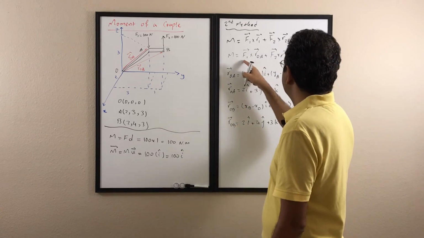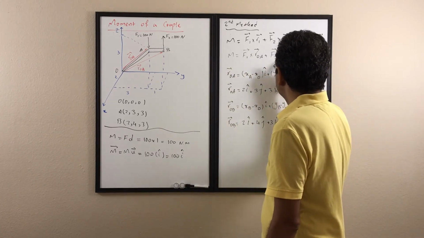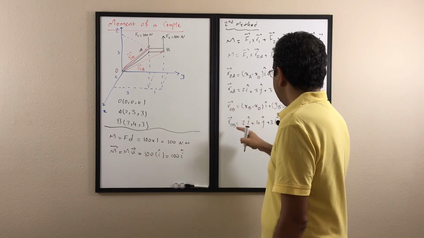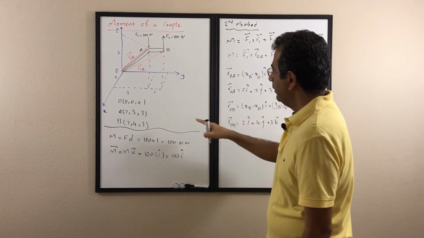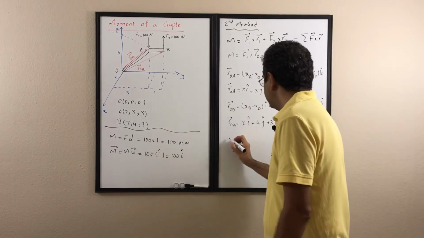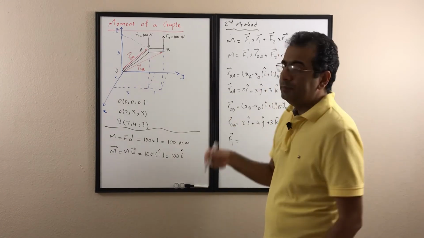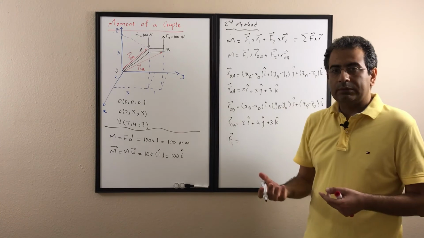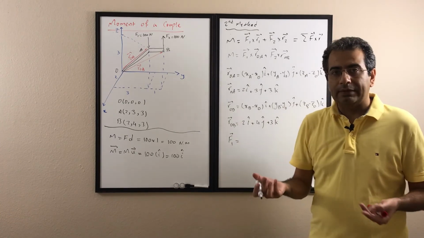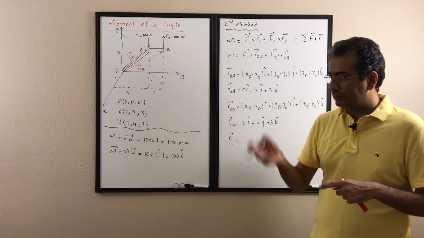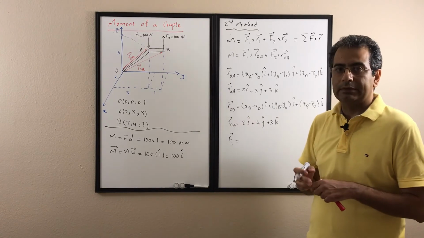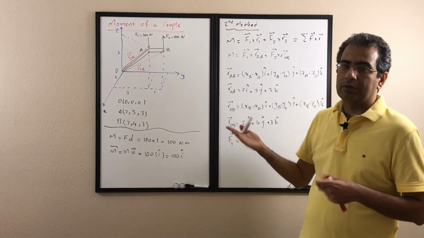If I substitute them into these two, then I need F1 and F2. Again, look at F1. Remember, anytime we have a force parallel to one of the axes, we use the unit vector for that axis, and the direction shows whether it is positive or negative.